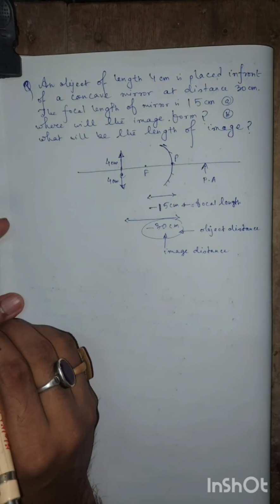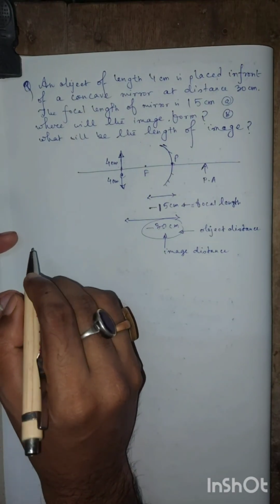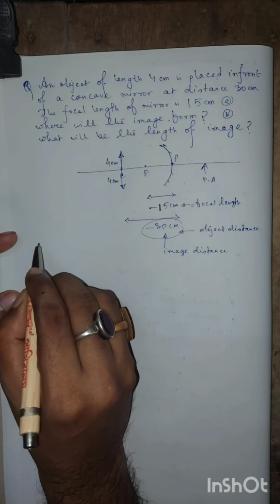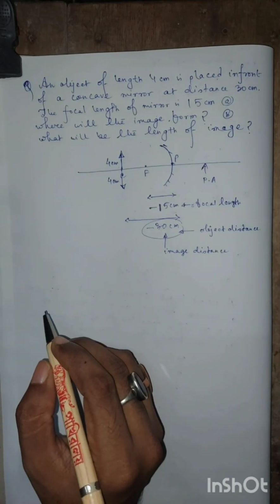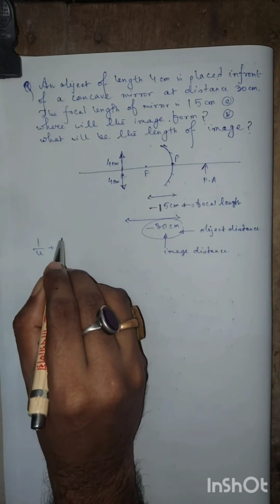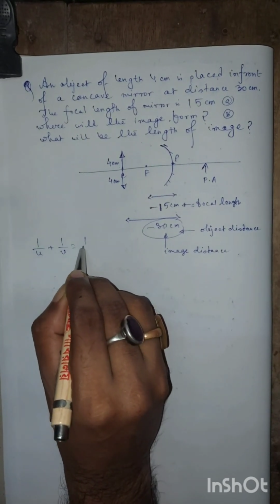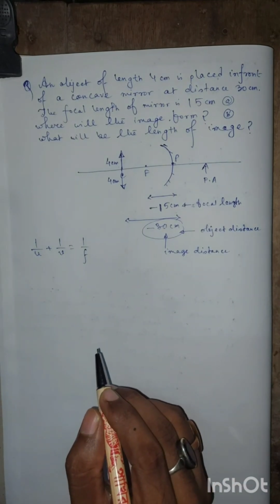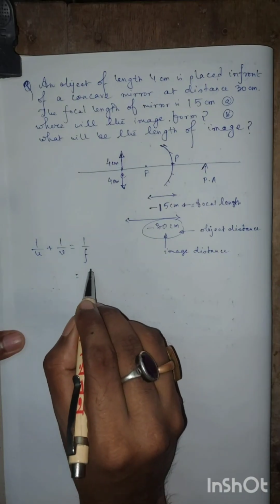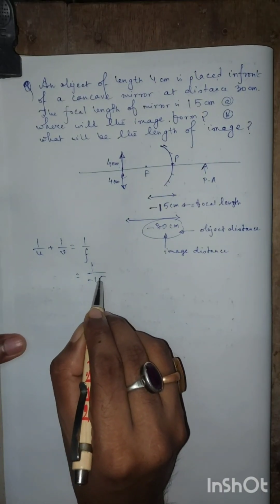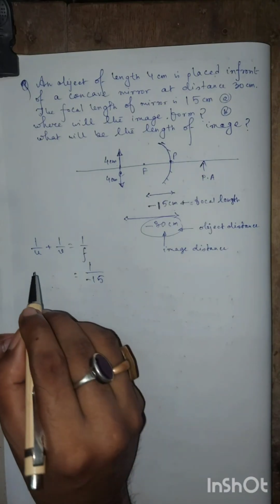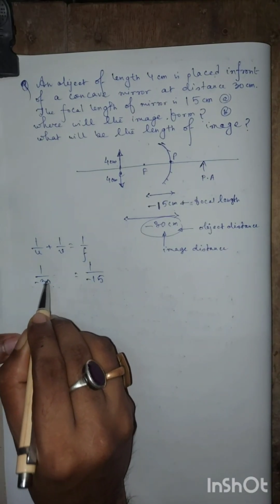So if we use the mirror formula to show it, we can write: focal length is given, which is 1 by minus 15. Object distance is given, which is 1 by minus 30.